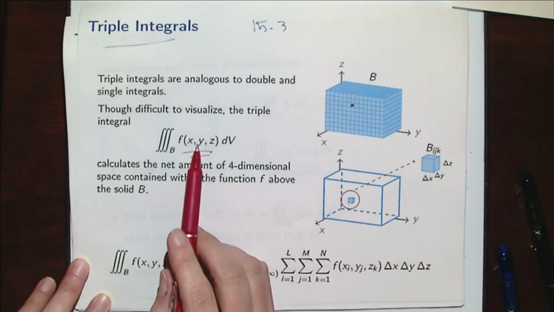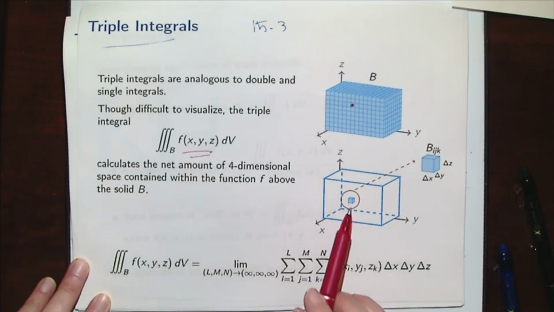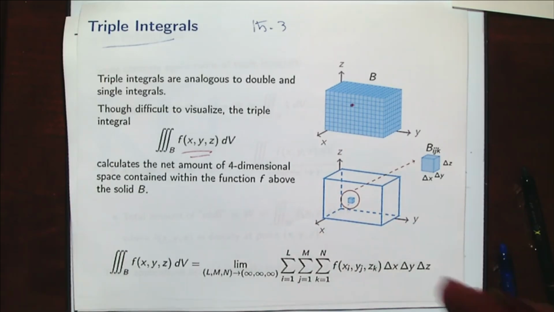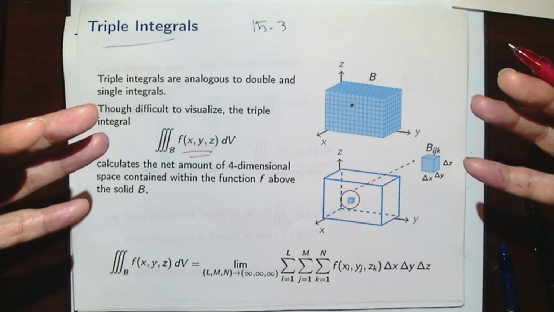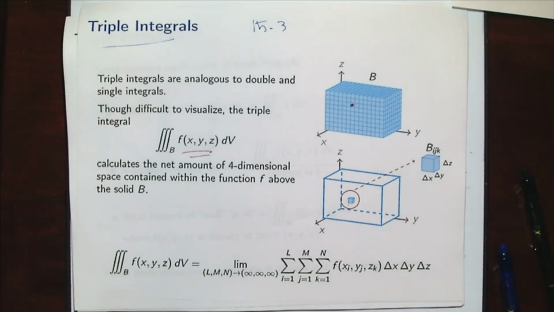When you multiply by the little volume, you get the little mass of that. And then the triple integral sums all the little masses. So it's a little different. Instead of thinking of a height in 4 dimensions, I'm thinking about the little mass and then adding it up. Fair game? So that's the story.